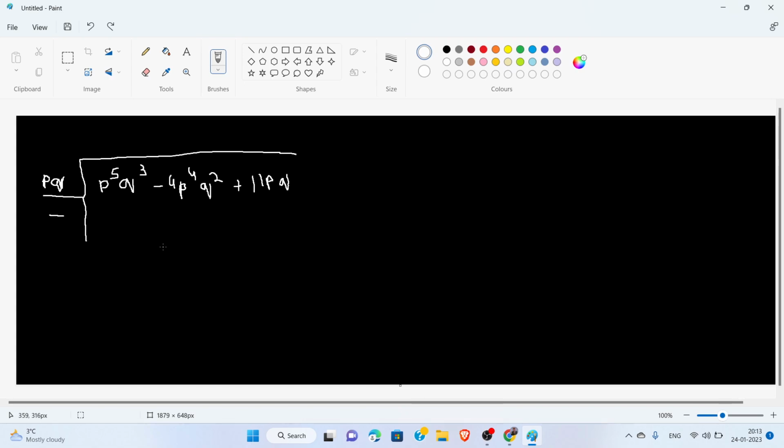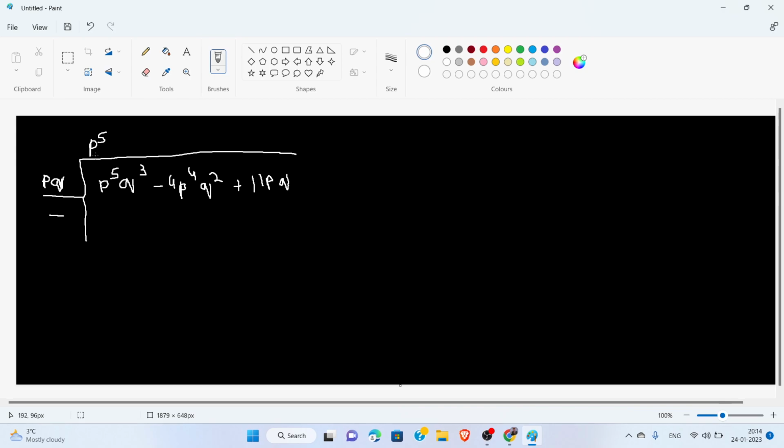And so here's the thing. For the first term, we have to think about it the way we thought about the last question. So what goes into PQ such that we get P to the power 5 times Q cubed? It's, if I multiply P with P to the power 4, I get P to the power 5.